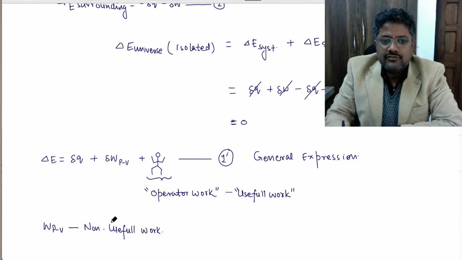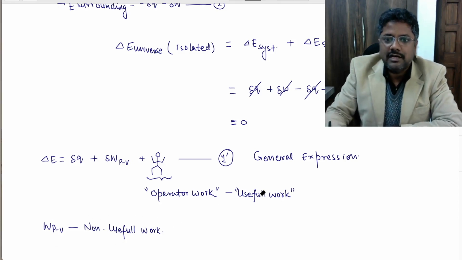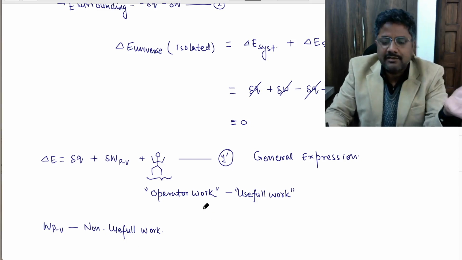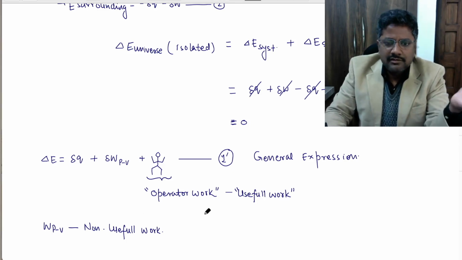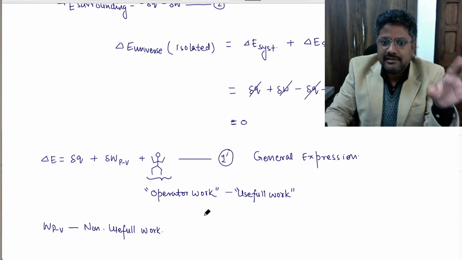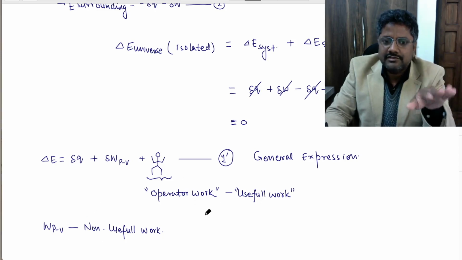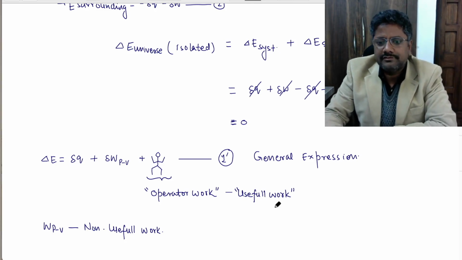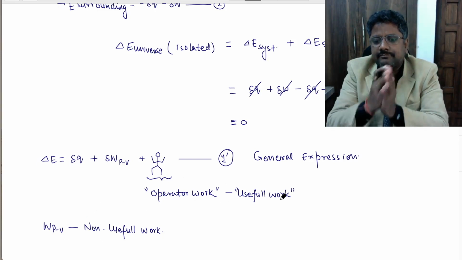So non-useful work is the PV work, and operator work, where operator means whether you have taken a robot or some person, that is operator work. Whatever work is done by that person or living being, or if you are using a robot, a robot also requires some energy, a battery is required. So this is called useful work.